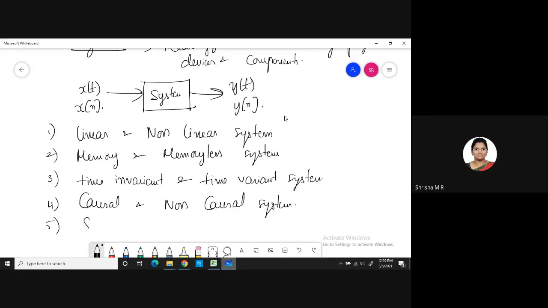Then we have stable and unstable systems. We have invertible and non-invertible systems.